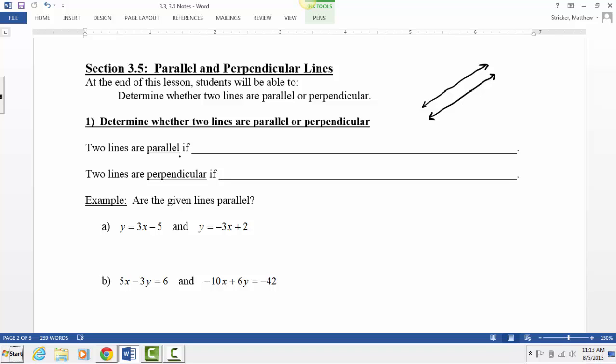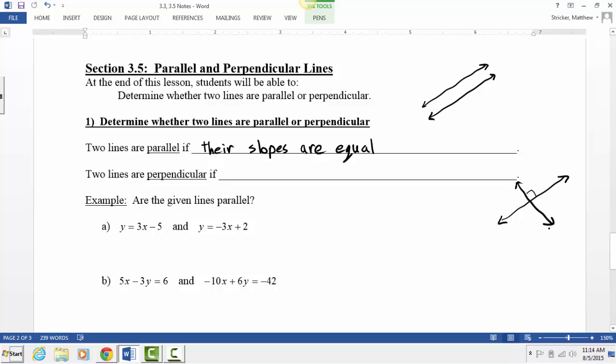So we can say two lines are parallel if their slopes are equal. Now perpendicular is different. Perpendicular lines are two lines that cross at a 90-degree angle between them. So we use this little box to signify 90 degrees. So those would be two lines that are perpendicular. And one thing you'll notice about these two lines is one of the lines is always going to have a positive slope and one is going to have a negative slope.